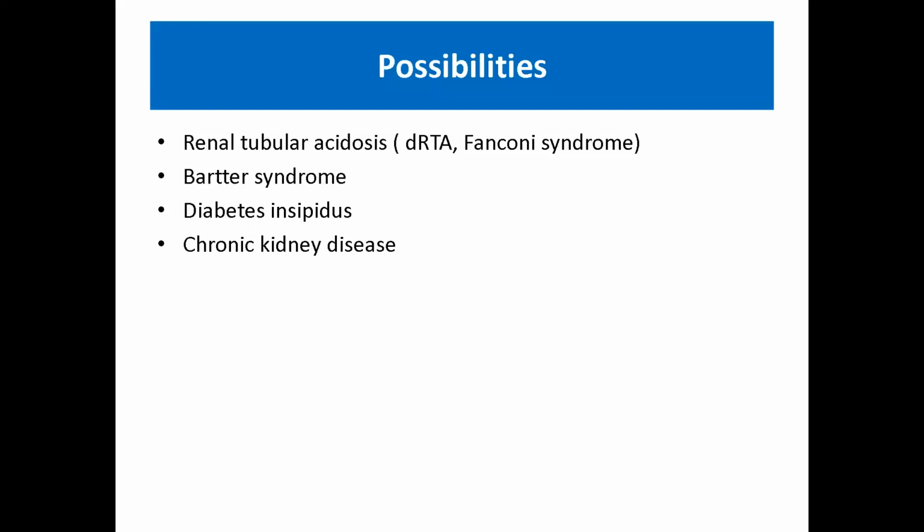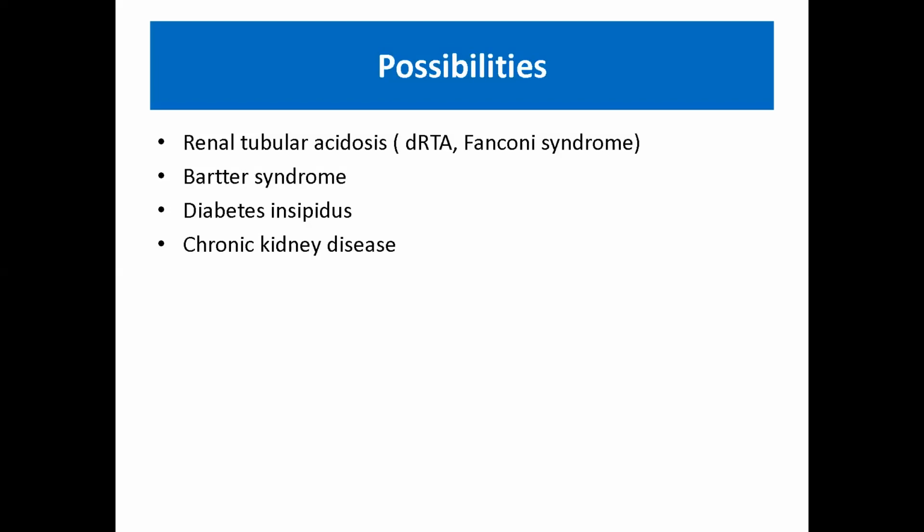And of course, as Dr. Georgie discussed, in infancy tubulointerstitial diseases may lead to increased passage of urine. So chronic kidney disease leading to failure to thrive was also kept as a possibility.